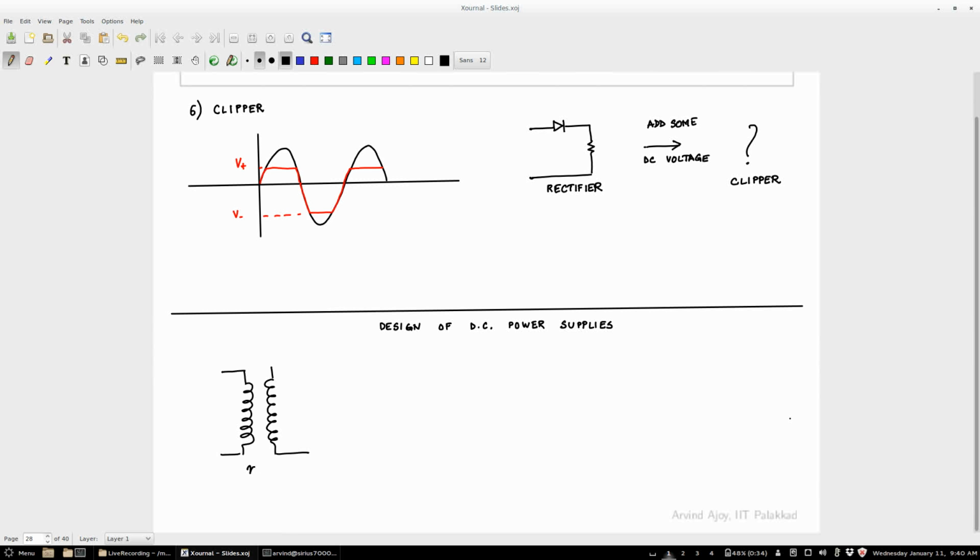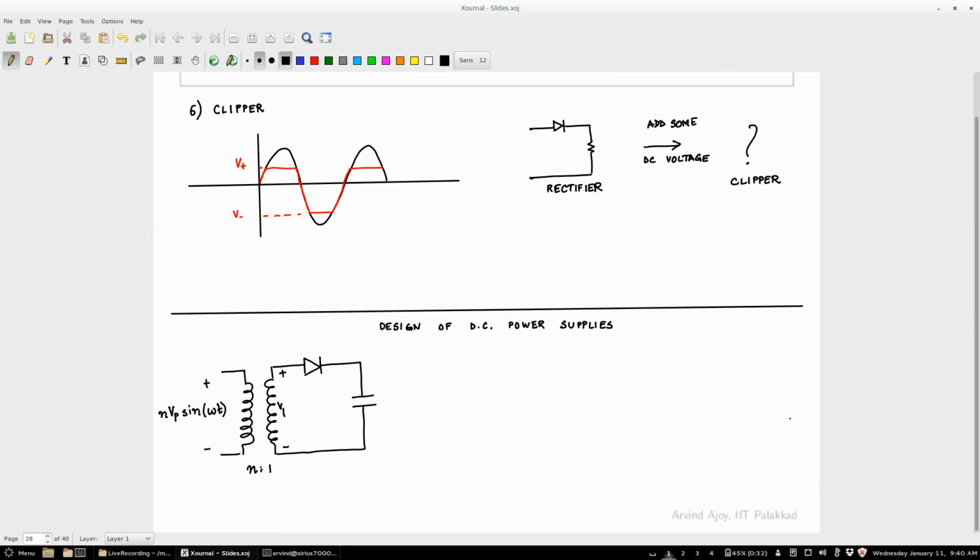Just think about the following. Say I start with a transformer, say this is an N1 transformer, and I take this and pass it through a capacitor.